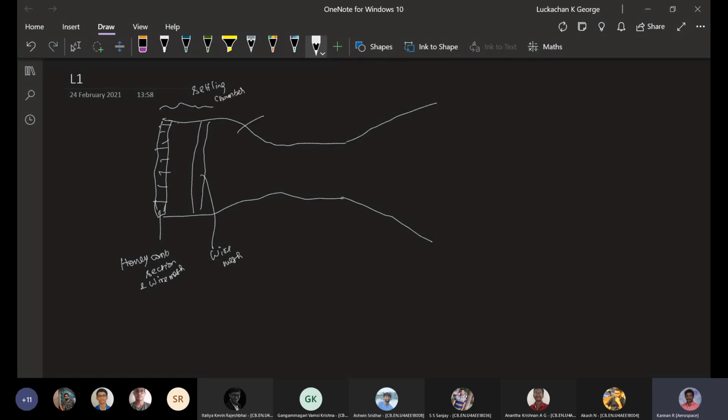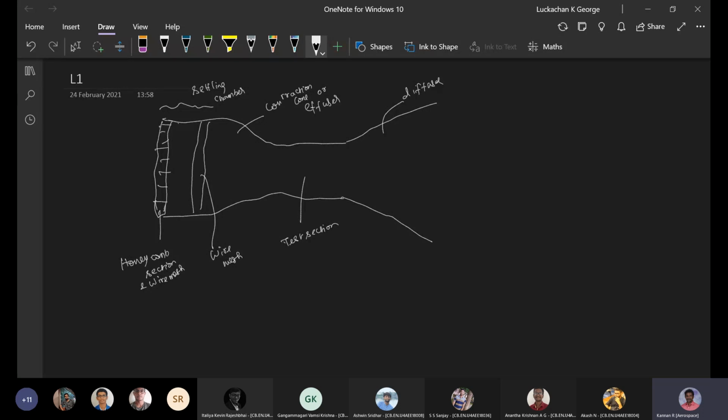And this is what we call the contraction cone, or a diffuser. And this is your test section. And this is your diffuser.